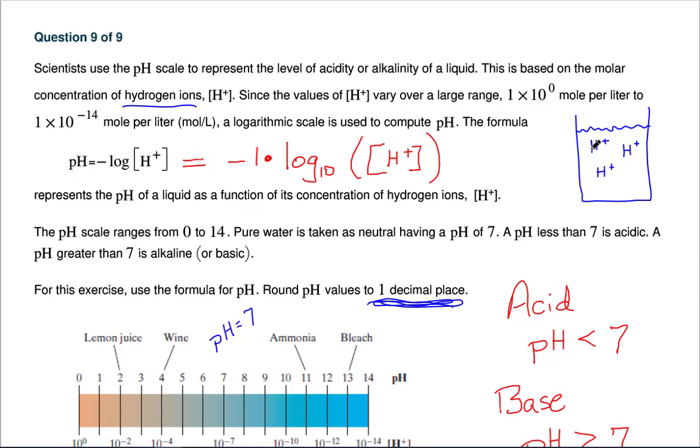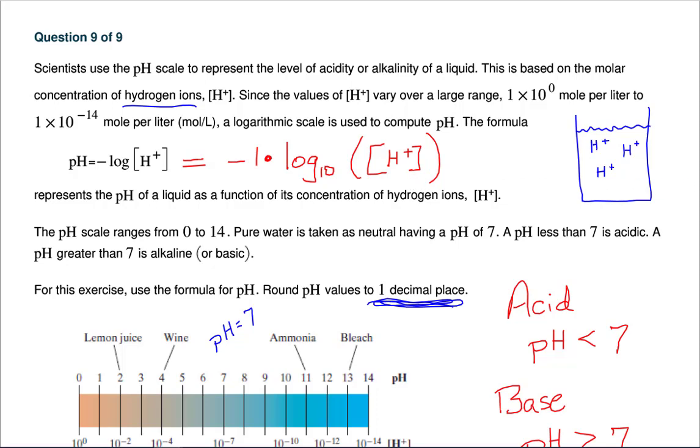We're able to measure how many of these are floating around and then use our log 10 function to give us a particular number. And so this pH is minus 1 times log 10 of this particular concentration.